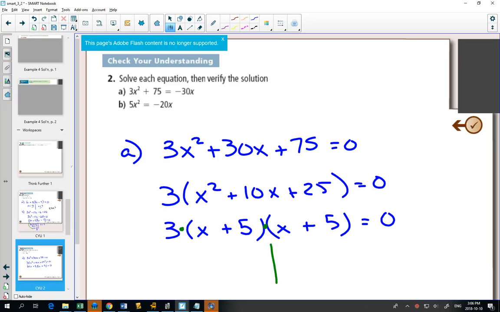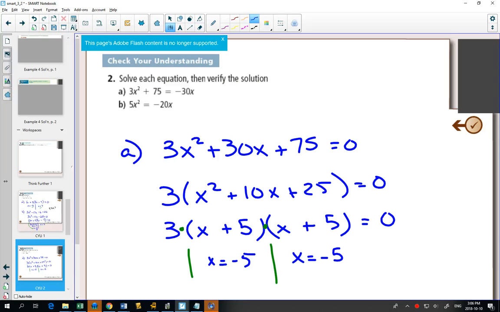If I start with this x plus 5, what would x have to be to equal 0? Minus 5. If I look at this x plus 5, what would x have to be to equal 0? Minus 5. If you look at the 3, will 3 ever equal 0?